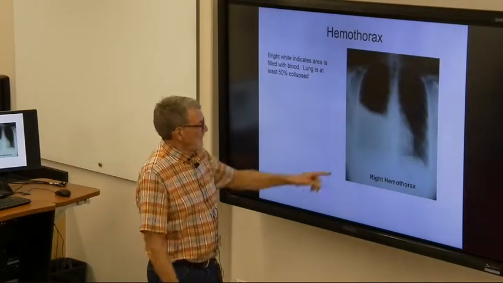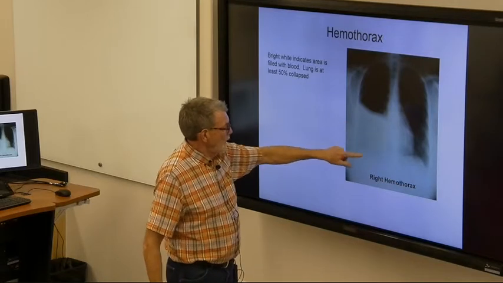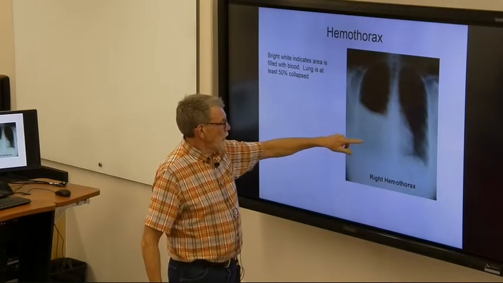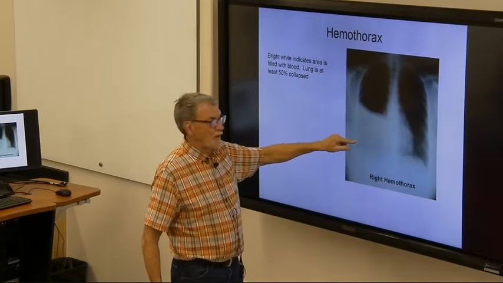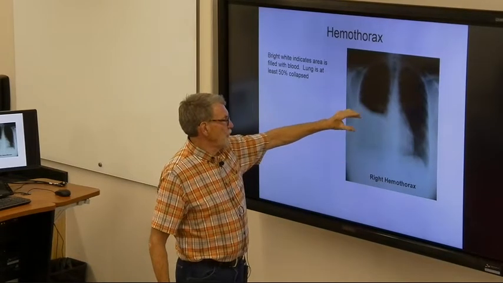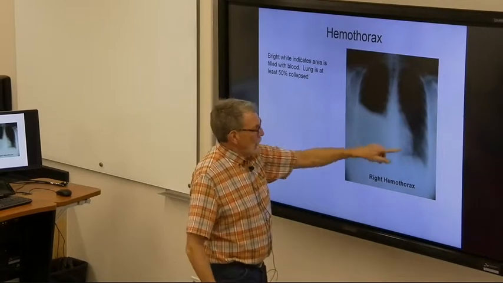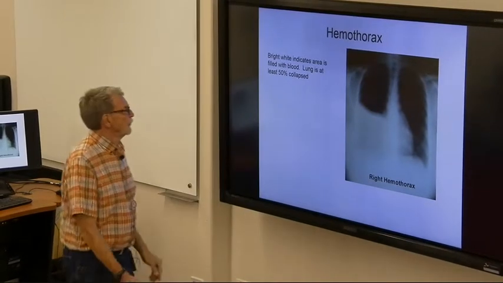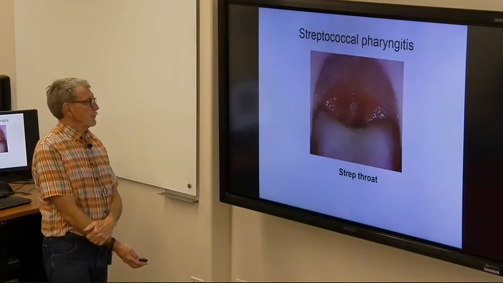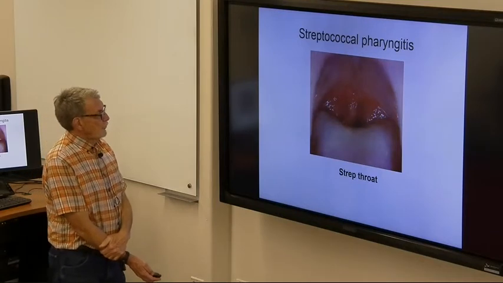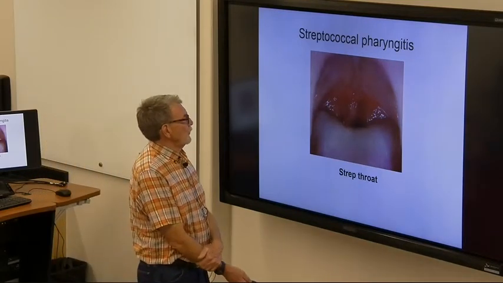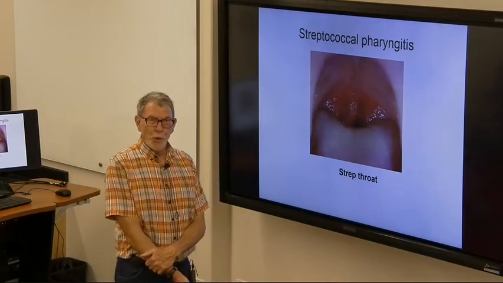Hemothorax, this is blood up to here. Broke a blood vessel or something in here, or several of them, and it's allowed the lung to collapse and this to fill up with blood. Again, this is the heart. Streptococcal laryngitis, better known as a strep throat.